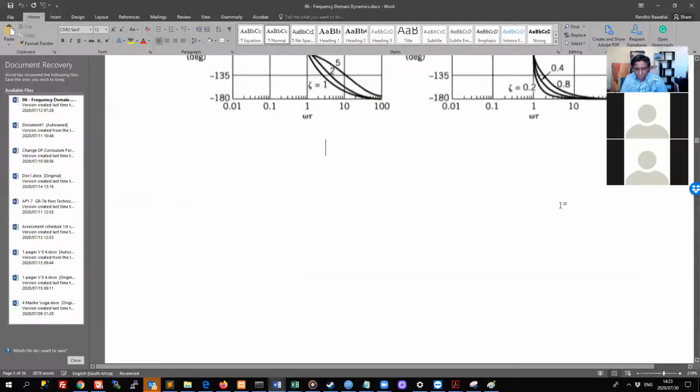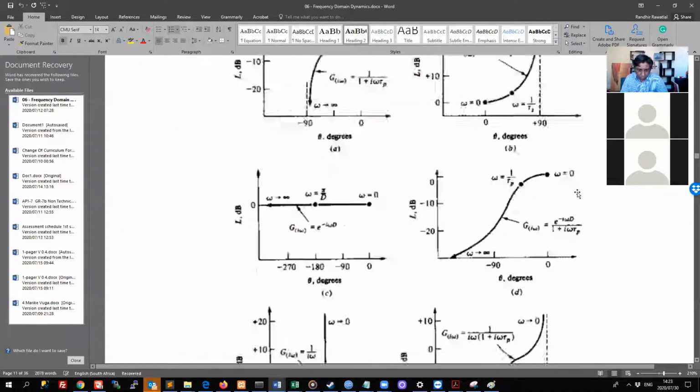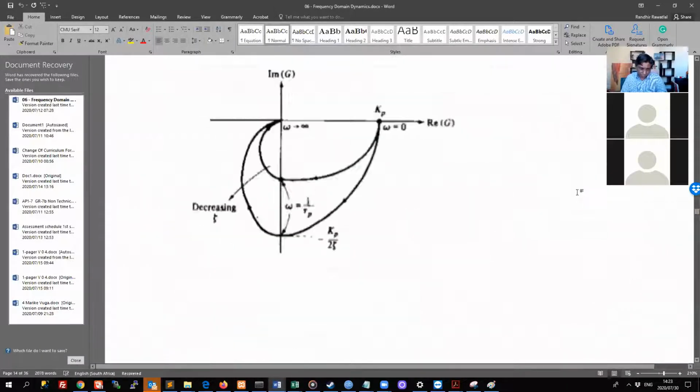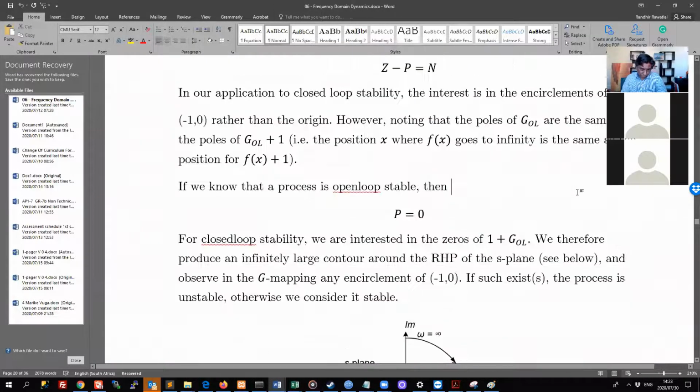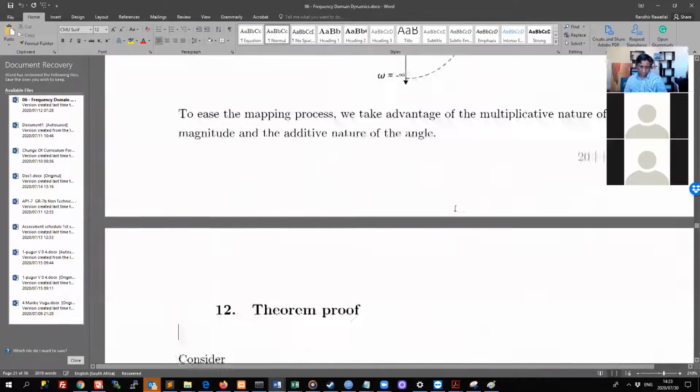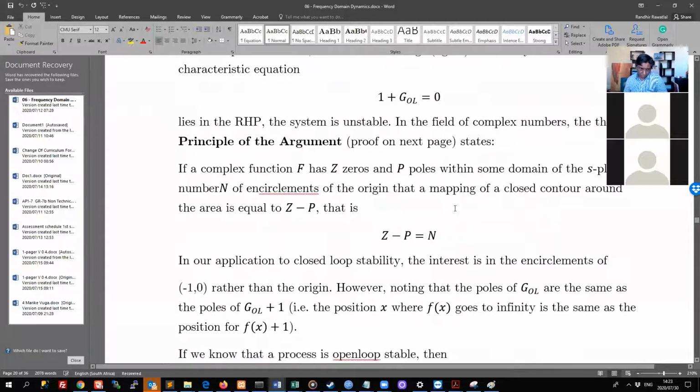Sorry, just looking for the page. Right, so yeah, principle of the argument.